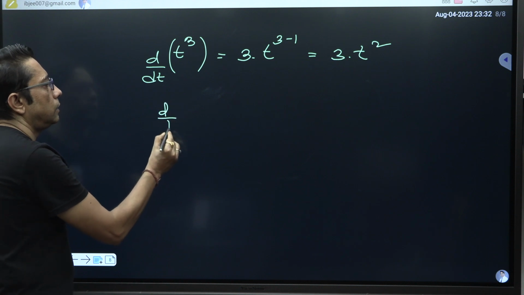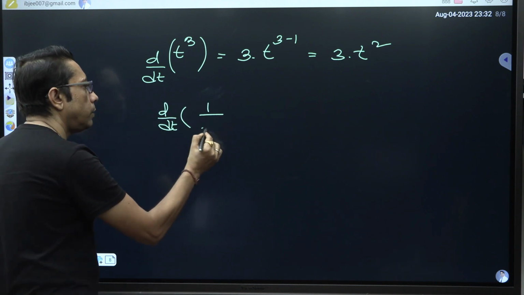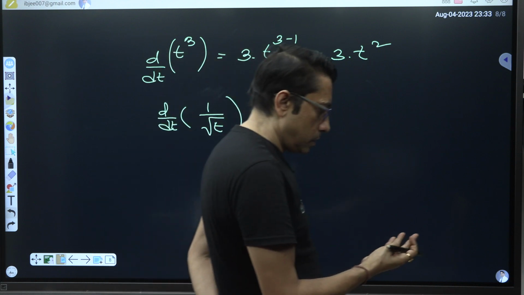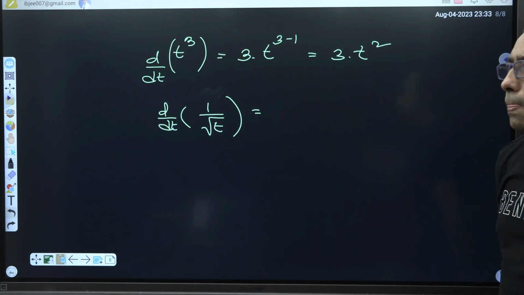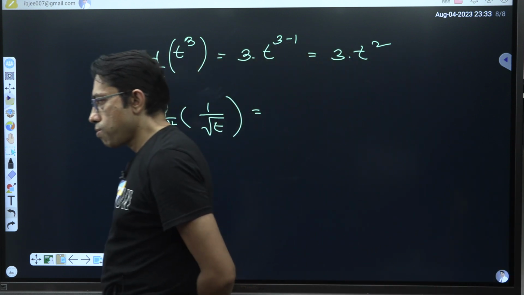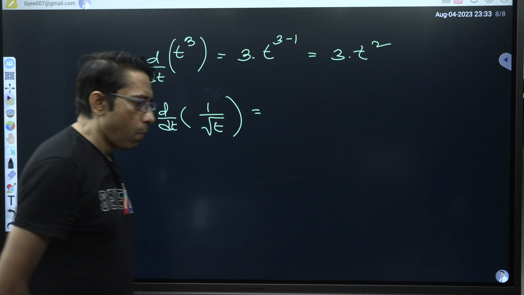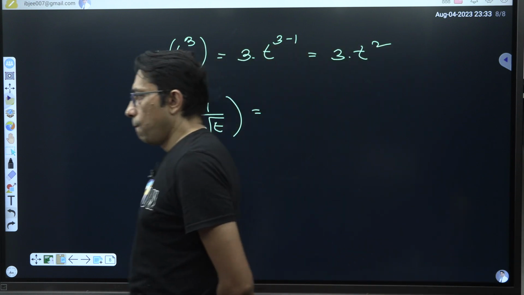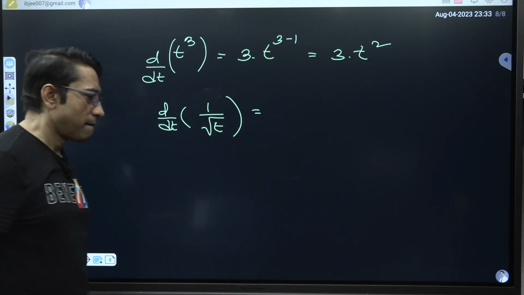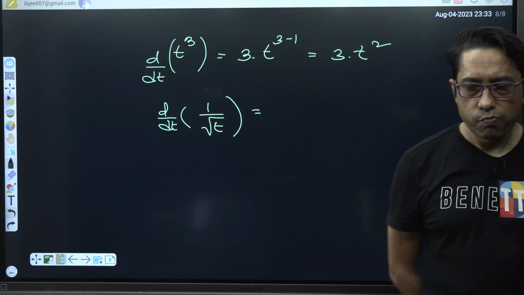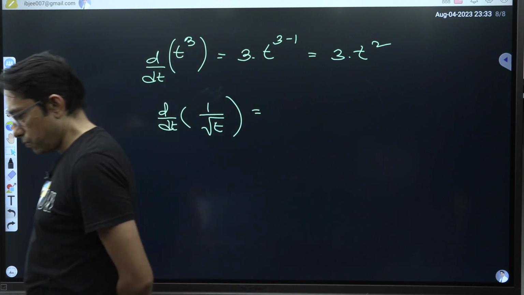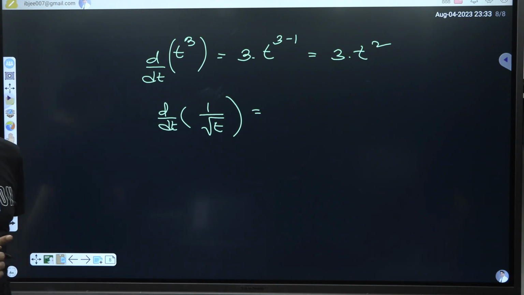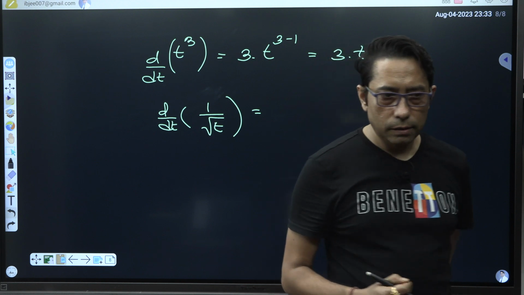If we do d/dt of 1 by root over t, কে বলবে এটা? ঠিক করে বলো নাম্বারটা। একটা তো 2 হাফ কিছু তো একটা আসবে। Sir, cube root of t না, আন্দাজ করবে না। Minus 1 by 2 into t to the power minus 3 by 2.